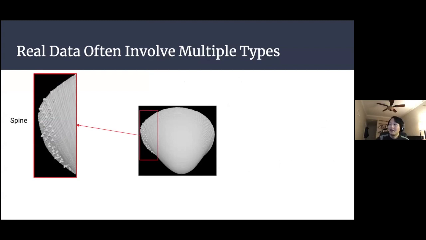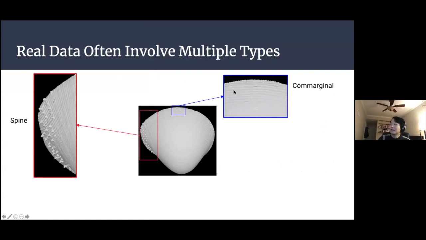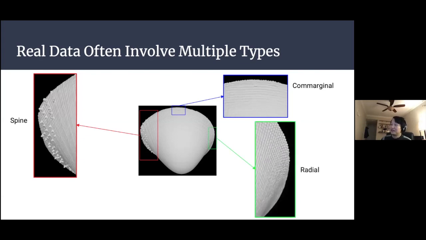If you focus on the middle parts, these are full of the comarginal patterns. And if you inspect the right portion of this shell, you can see the radial patterns shooting from the center of the shell to the edges of the shell. And the majority part of the shell is just smooth, with no pattern at all. This is one example where no single majority pattern would be able to characterize the overall ornamentation type of this shell.